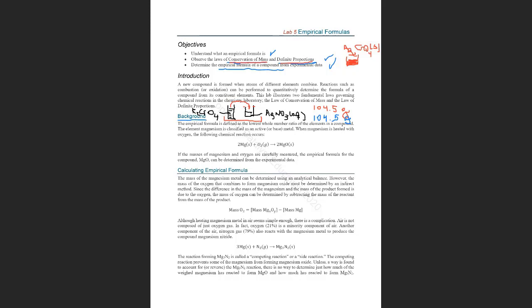So this is essentially what the law of conservation of mass means. And we are going to use that law in our very simple experiment in order to calculate the empirical formula.